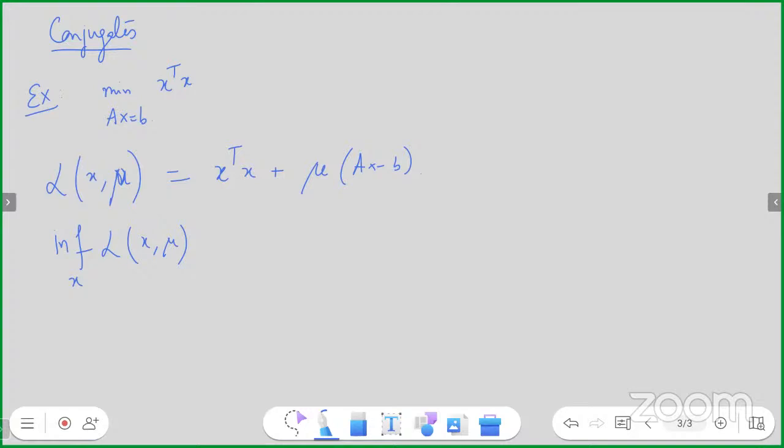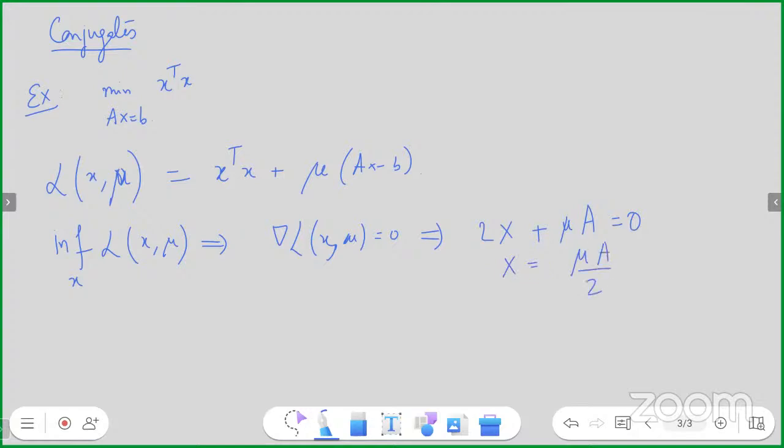So finding x star is just to equate this to 0, which will imply 2x plus mu times a equal to 0. So we get x equal to mu a by 2.